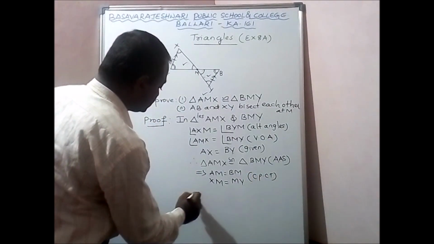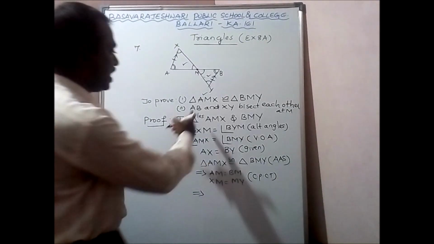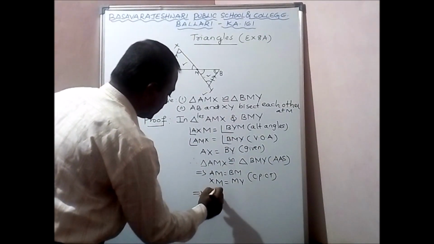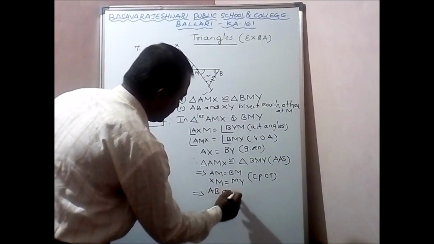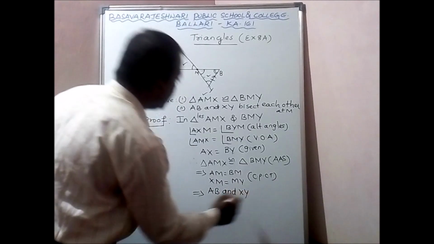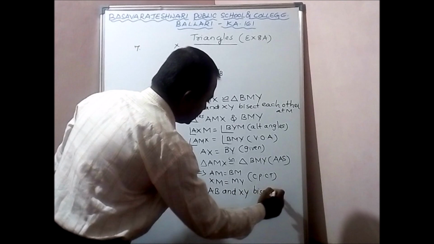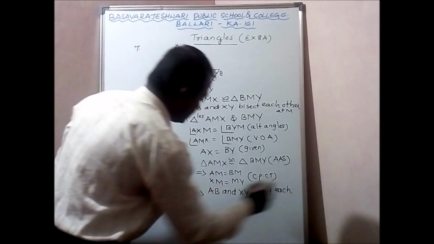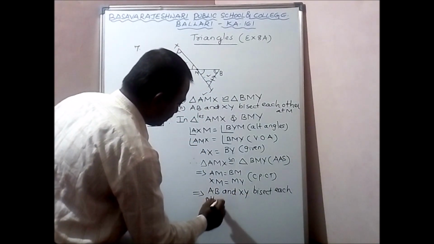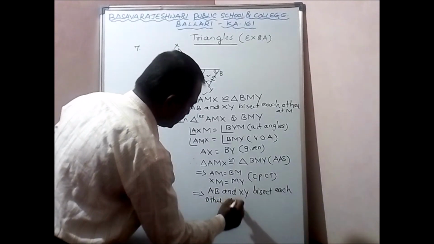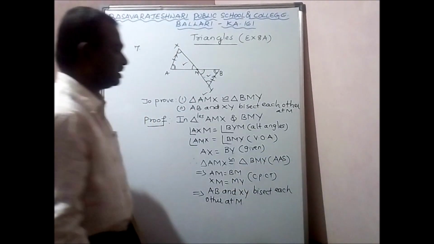So this implies, we have to write this one: AB and XY bisect each other at M. So this is the answer.